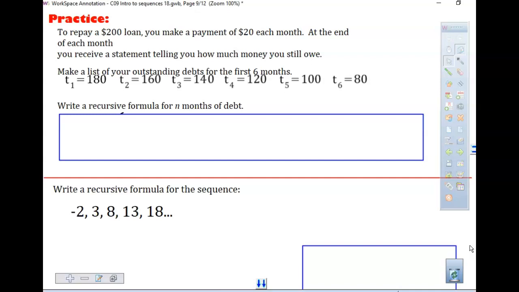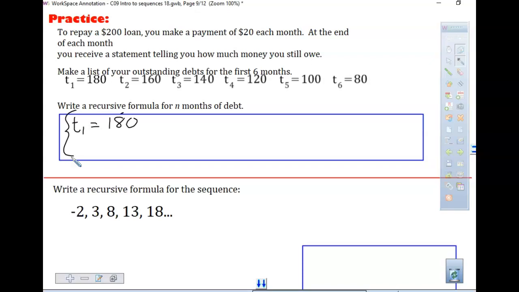So now it says write a recursive formula. So recursive, you have to tell me what the first term was. What's T sub 1? T sub 1 equals 180. Usually they put these brackets around it. Why? To show that there's 2 pieces to it, right?